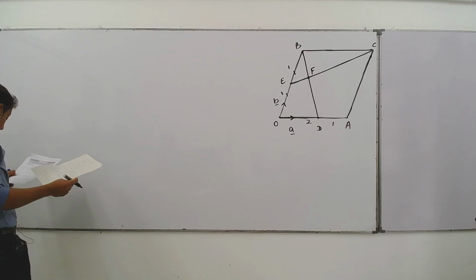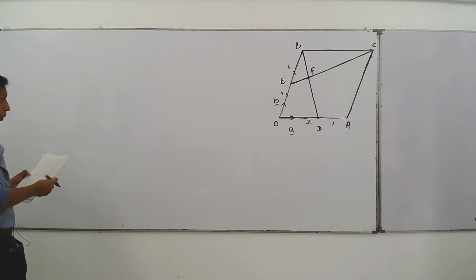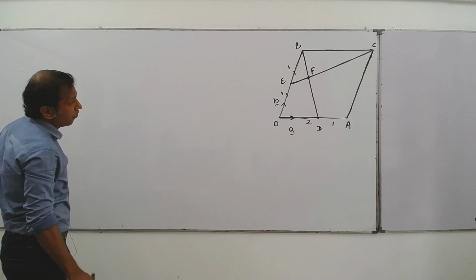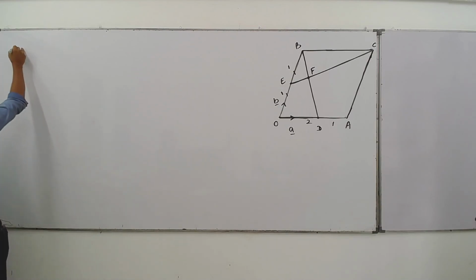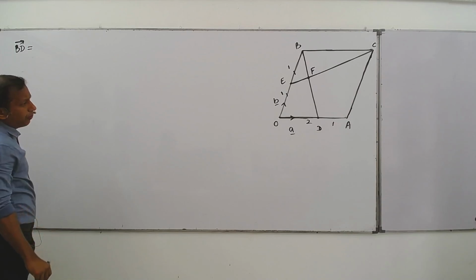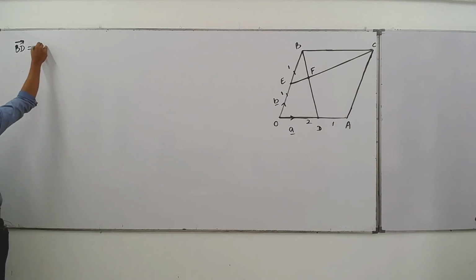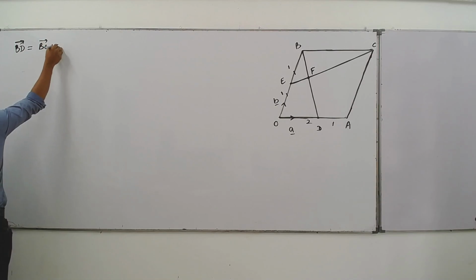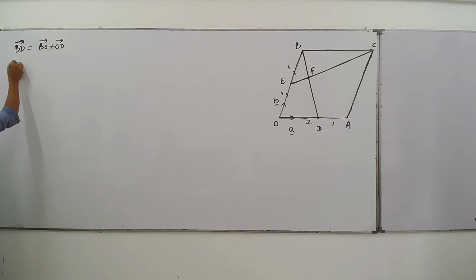Find BD and CE. BD vector you can write as BO plus OD.